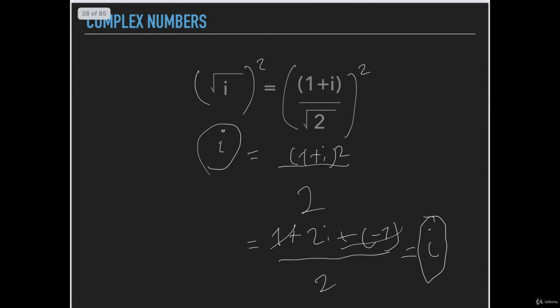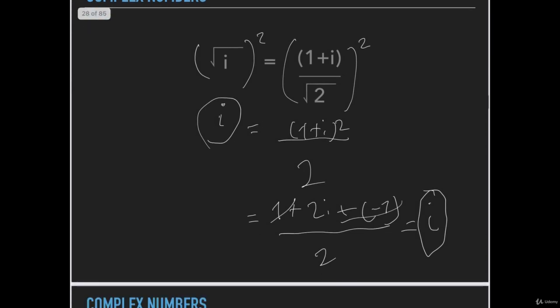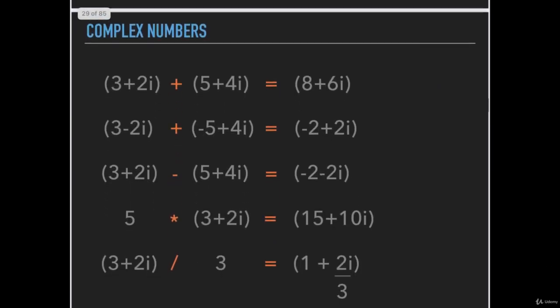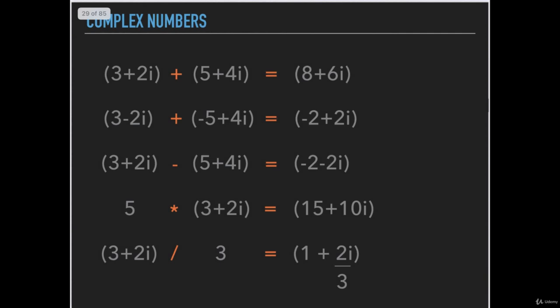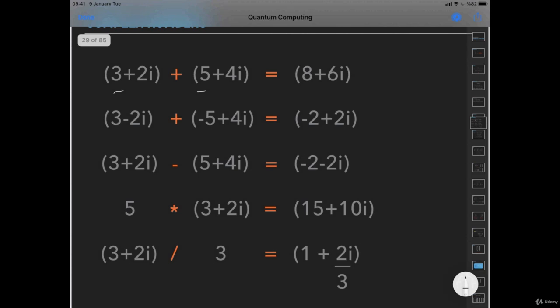Again, this is only for you to practice, but now we're gonna see how to do summation or subtraction or multiplication or division with complex numbers. For example, if you want to add two complex numbers together, you add the regular numbers and then the imaginary numbers by themselves, which is very easy, right?